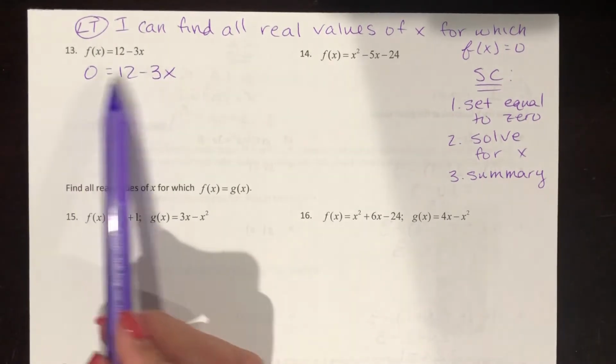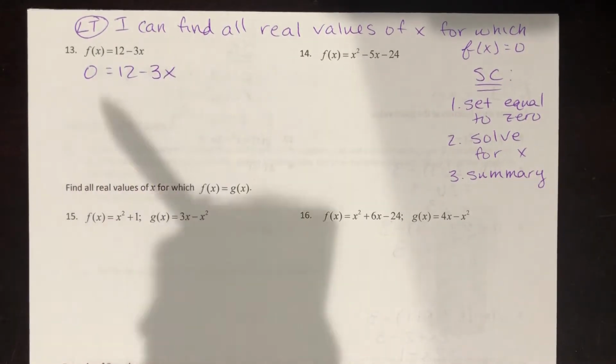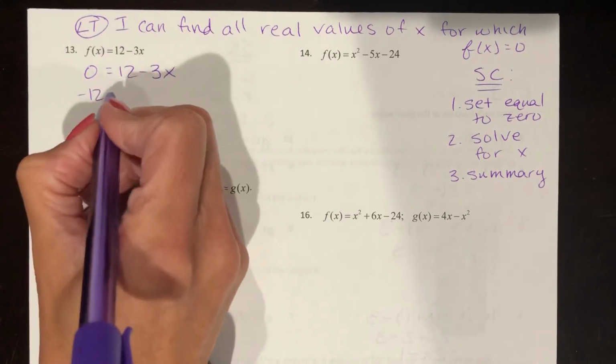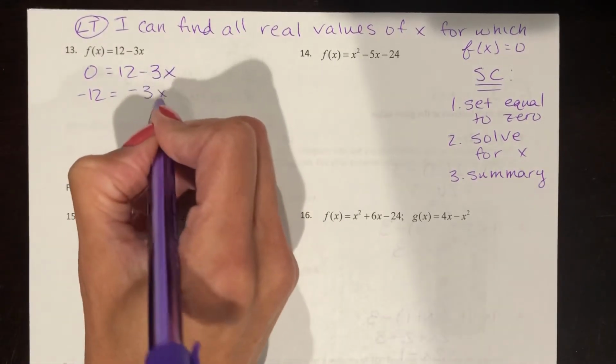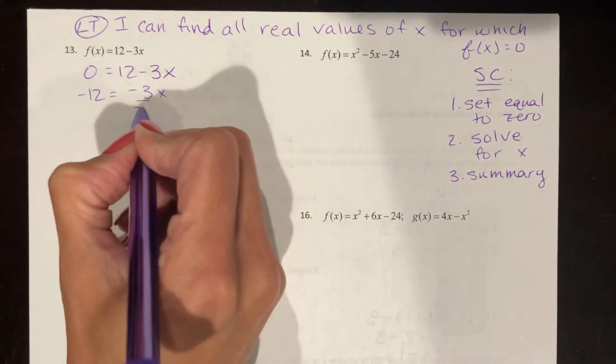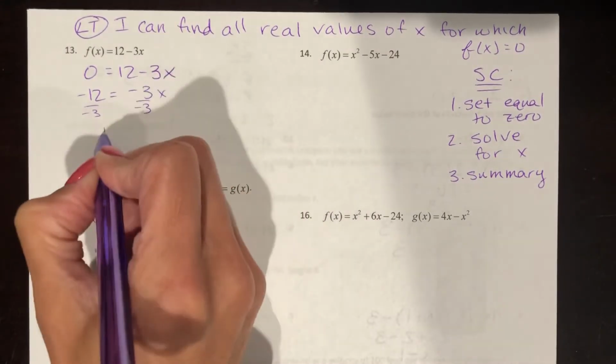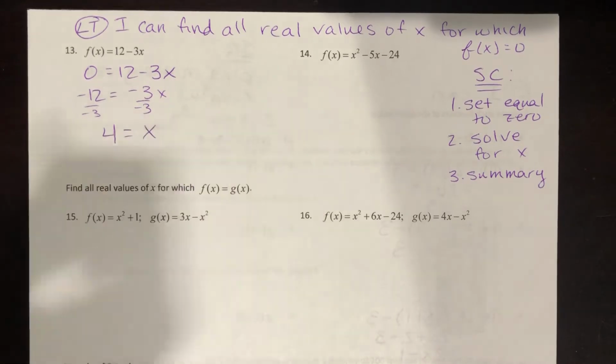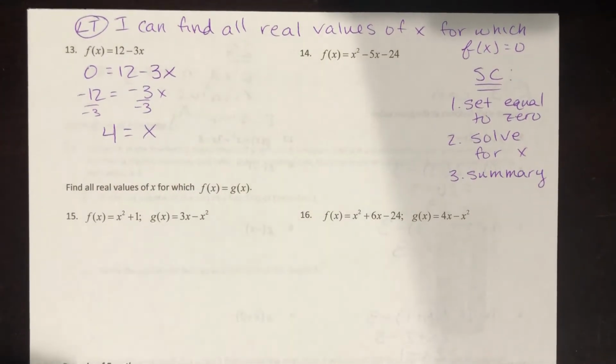So I set it equal to 0. Now I'm going to get x by itself, so I'm going to subtract 12 from each side, and then divide by negative 3. So I get 4. x equals 4.